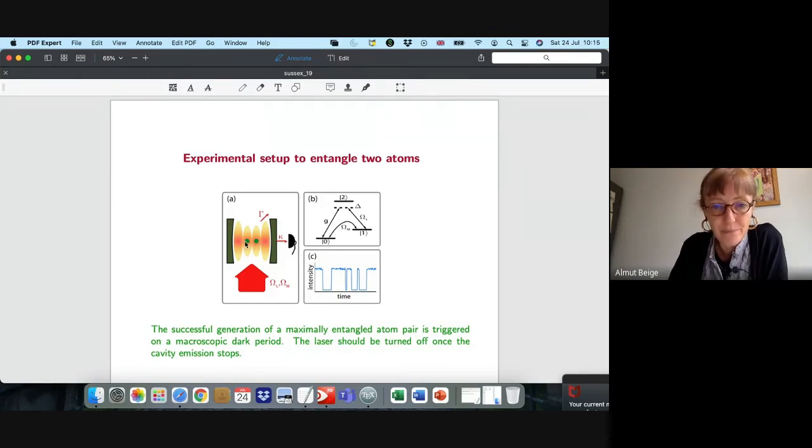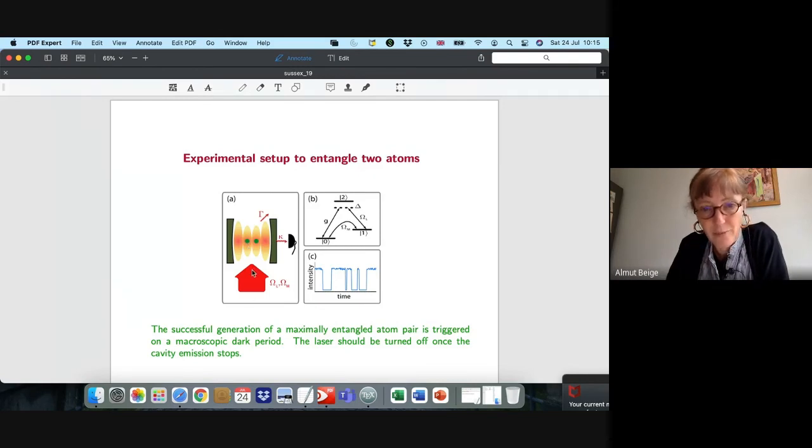You put them in an optical cavity that traps light, and the important thing is that the cavity will emit photons. So seeing a photon coming out here will not tell you what the state of the atom is, or which atom created the photon.